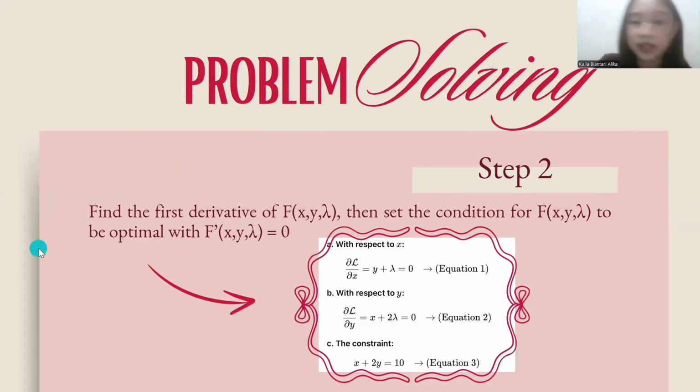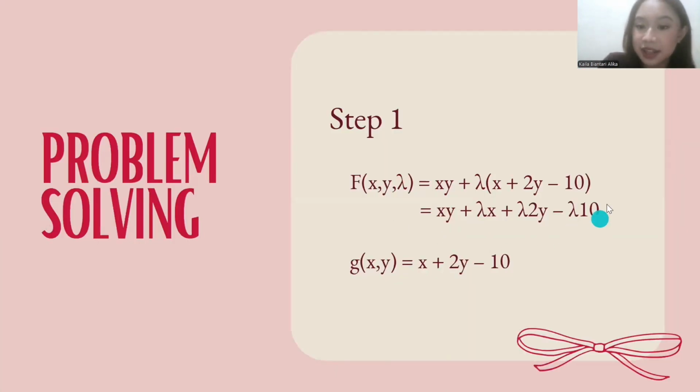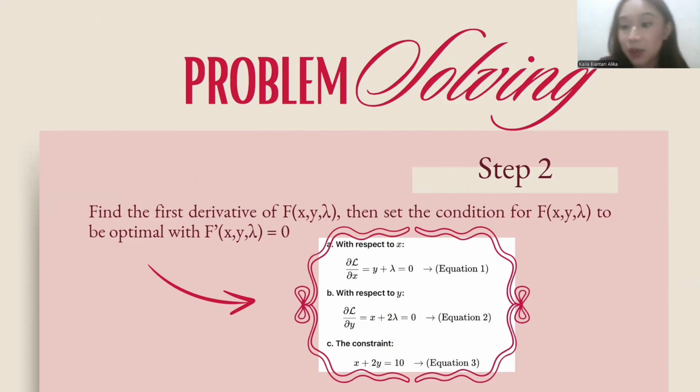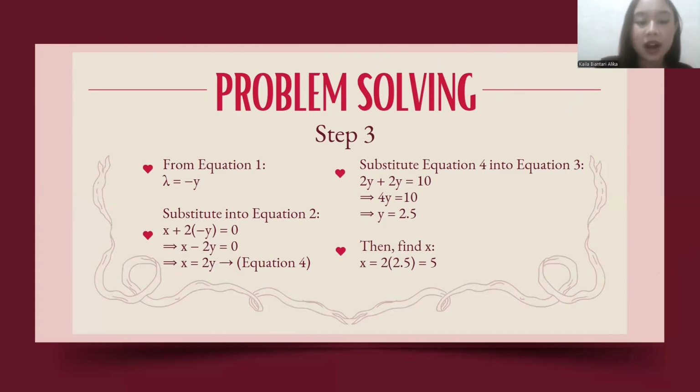Next, we take the first derivative with respect to x, y, and lambda, and we set all of them to 0, which gives us equation 1, equation 2, and equation 3, which is the constraint. From equation 1, we have lambda equals minus y. Substitute this into equation 2, and we have x plus 2 times minus y equals 0, so x equals 2y.